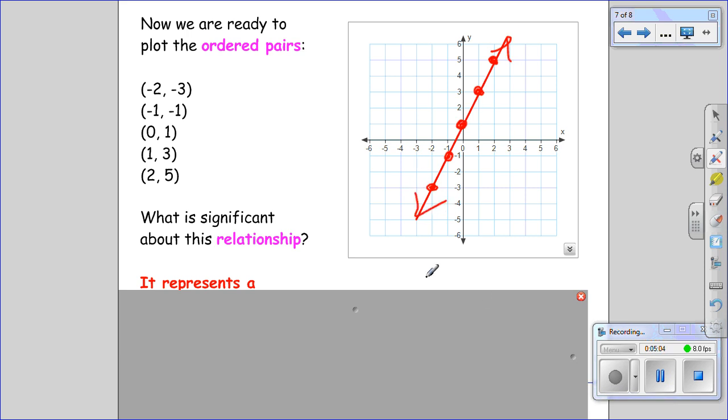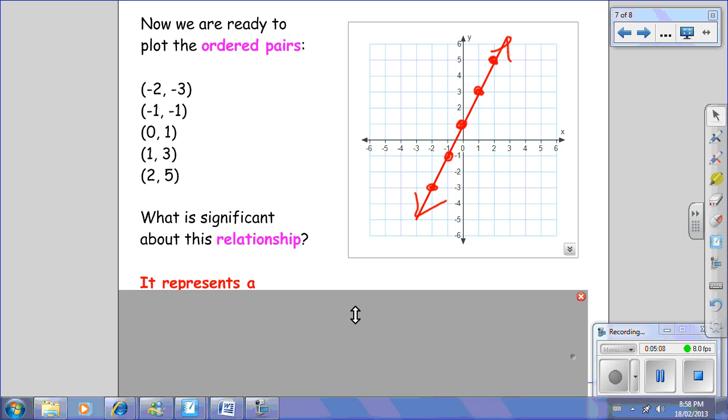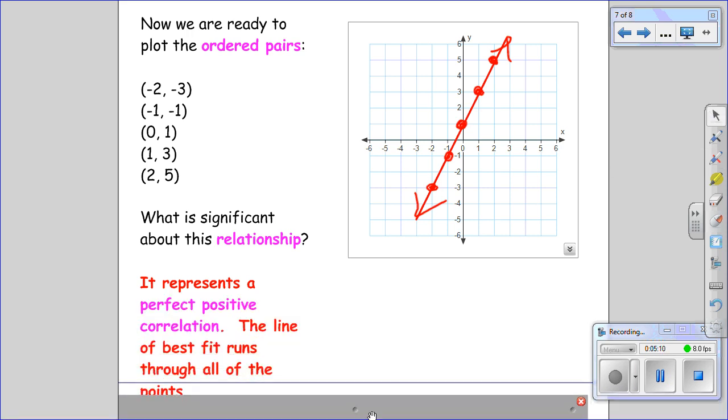These are a special type of relation that we're going to study in Unit 2 and Unit 3. They're called linear relations. If we were to draw a line of best fit, we would always see that for a linear relation, it's going to go through all of the points.